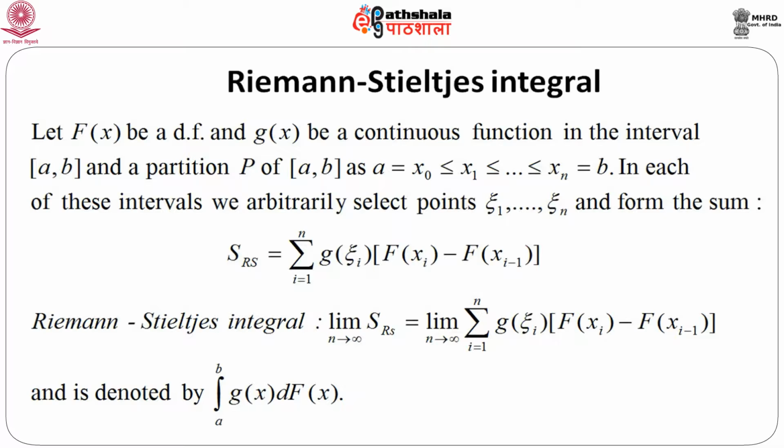That is why we write dx, and here this is f of x i minus f of x i minus 1, hence we write d of f x, as if this is the change in the variable x using this distribution function capital F. So, this is known as the Riemann-Stieltjes integral.